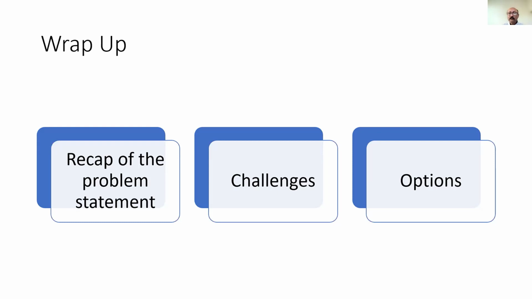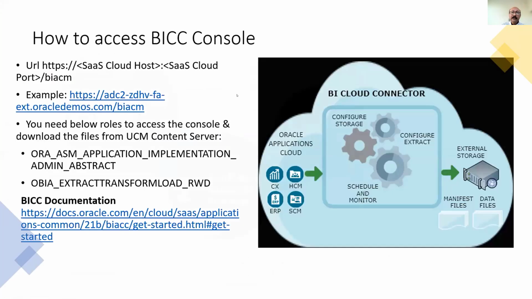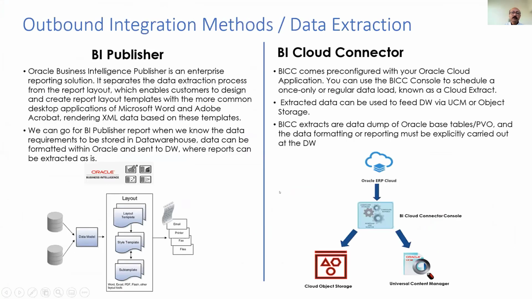Yeah, so those two options we looked at, I will quickly jump to that slide, which is these two options. So BICC is the recommended option to extract cloud data, and through the PVOs, public view objects, you have pretty much one-to-one mapping for most of the underlying tables.